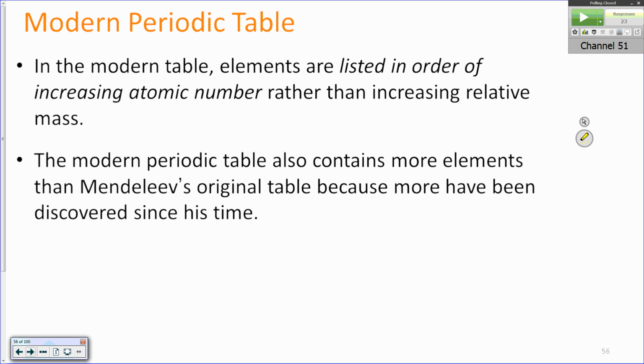So if we think about the modern periodic table, all the elements are in order of increasing atomic number rather than their relative mass. So there are a couple of examples where the mass is not in complete order. See if you can find what I mean by that.